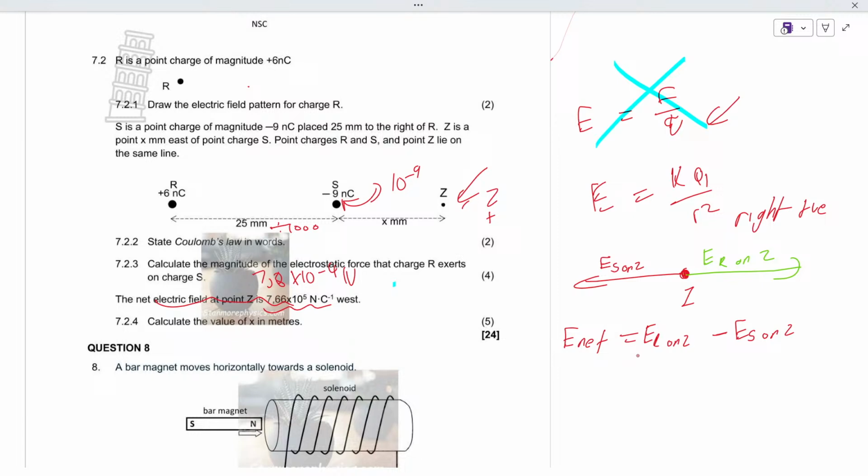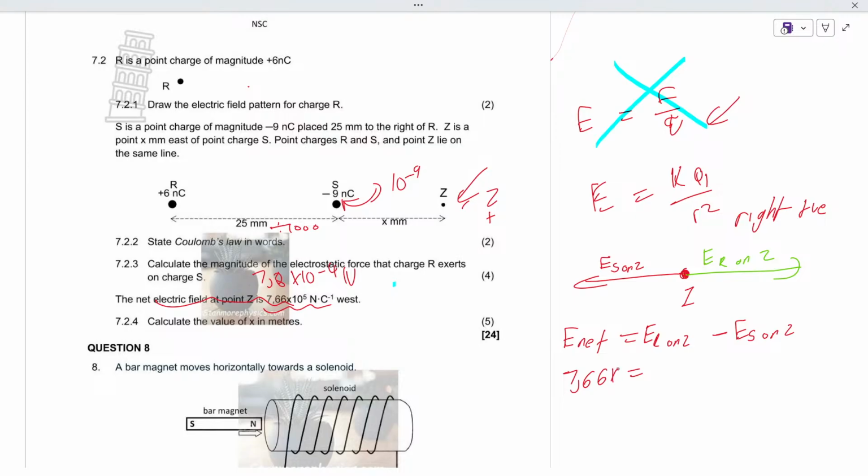Yes. Okay, and now in this one, E-net, we have it. What is our E-net?